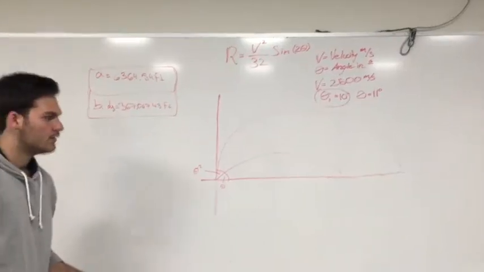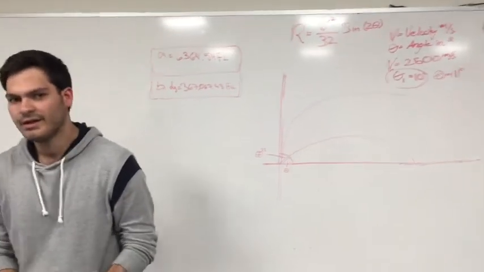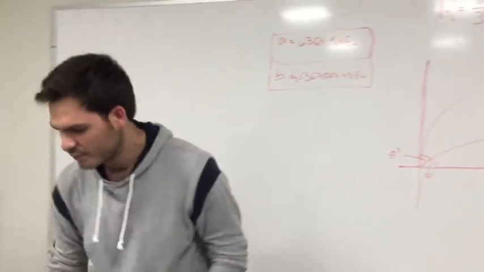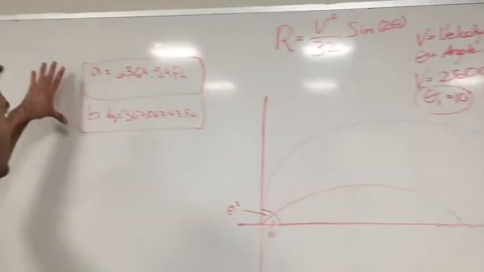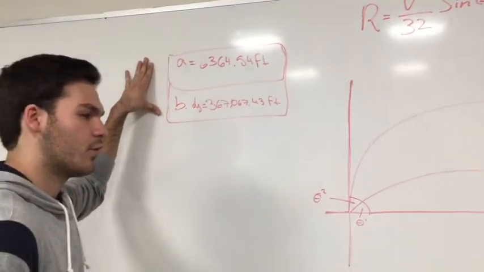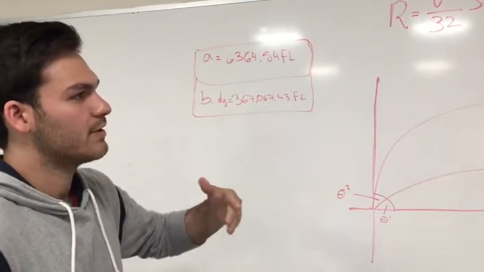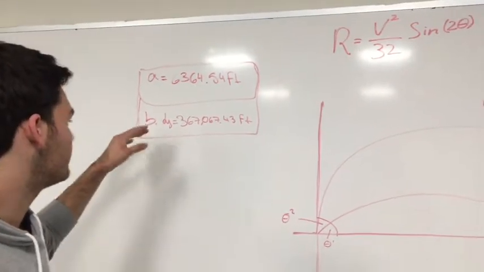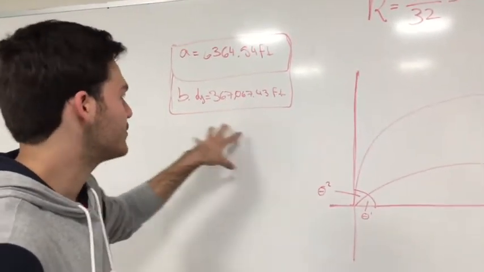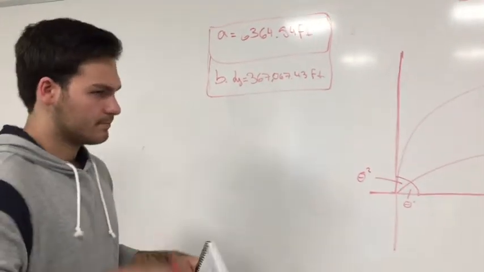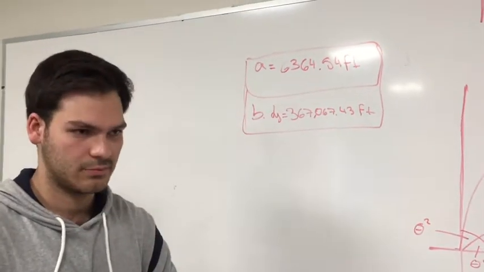For letter C, they ask us to interpret our results within the context of the situation. What we can see here is that our answers are kind of wrong. For letter A, we got the exact number, and for letter B, we got the approximation, which is hundreds of thousands of feet incorrect.